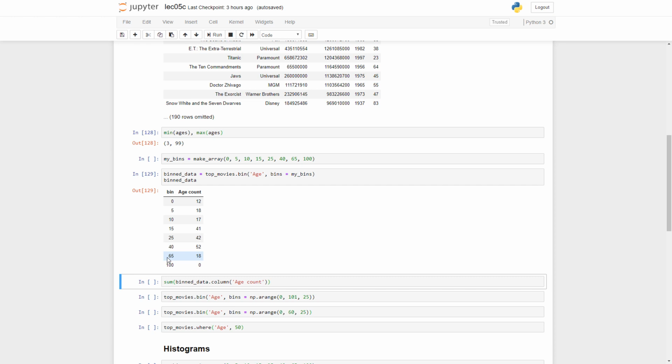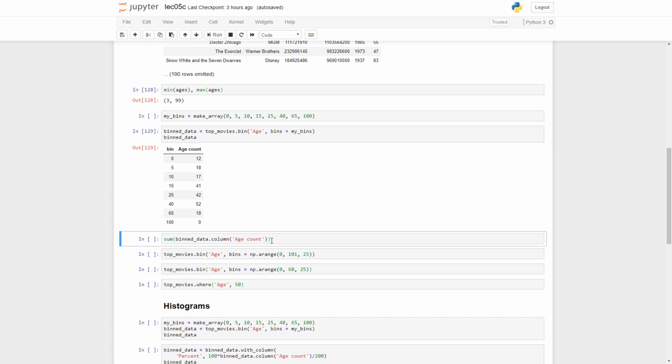The age count is generated automatically with the bin function. So bin data is a table that was generated from the bin function. The bin function takes the column and generates a new column, which is the count for each bin. Are you following with me so far?